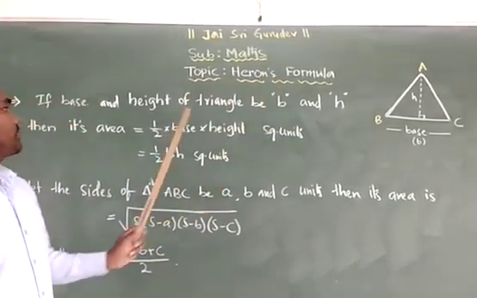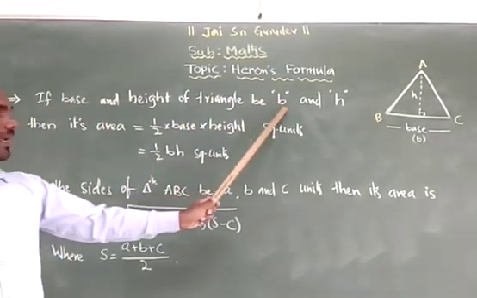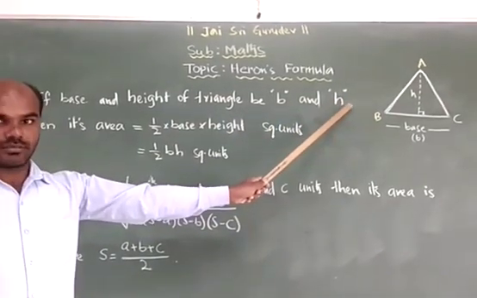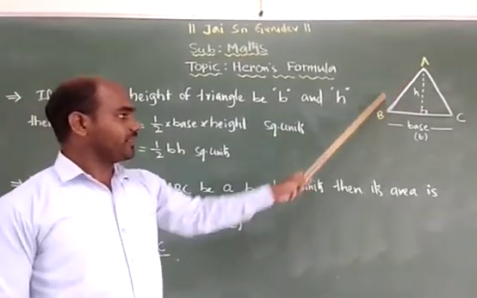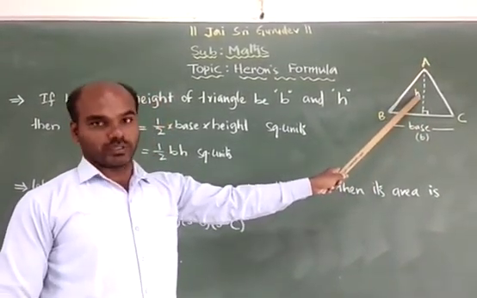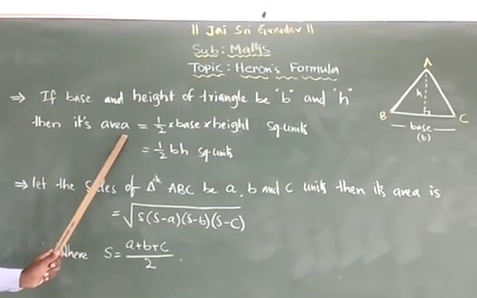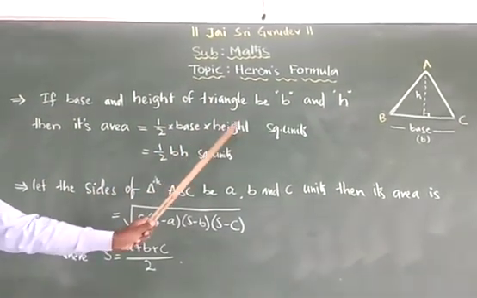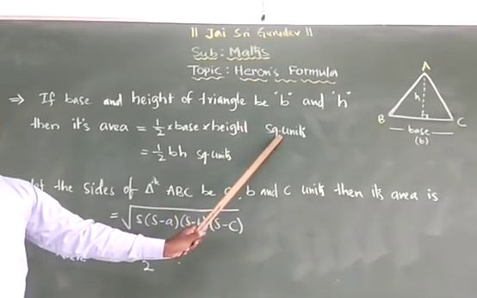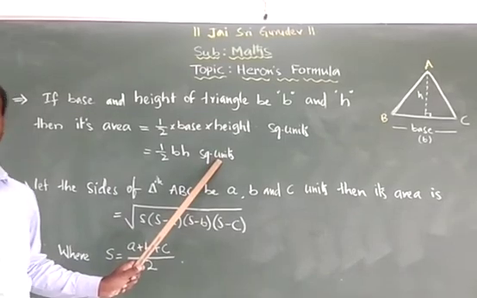Now, if the base and height of a triangle are B and H units. In triangle ABC, the base is B and the height is H units. Then the area of the triangle is half of base into height square units, in short form, half BH square units.